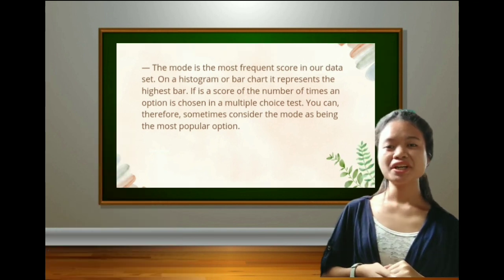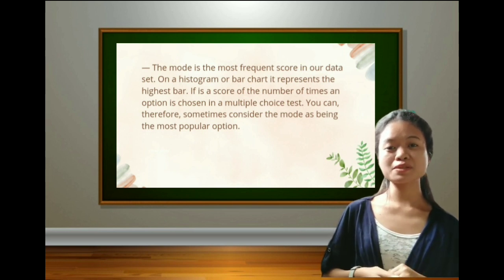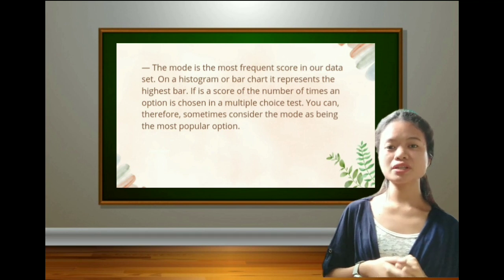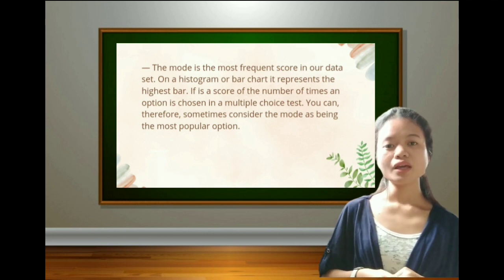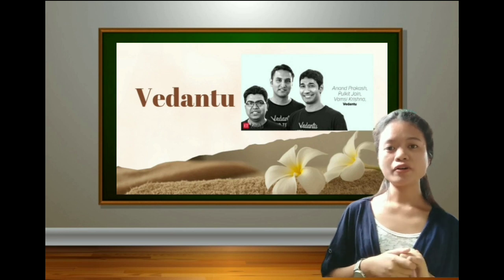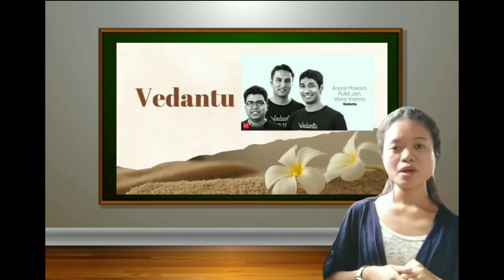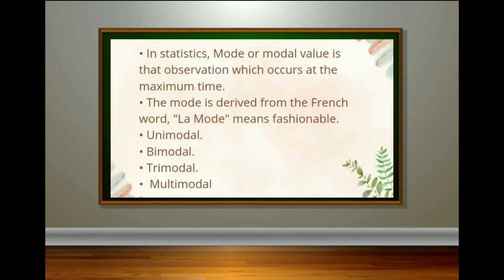Mode is considered to be one of the main concepts in statistics, and it helps students to identify which is the one value that occurs most frequently. Vedantu also explains all about the topic of mode and how these topics will help you learn more about statistics in general. In statistics, mode or modal value is that observation which occurs the maximum number of times or has the highest frequency in the given set of data.